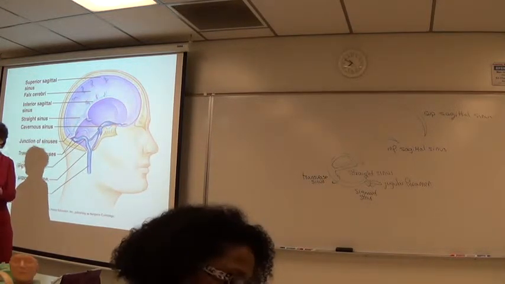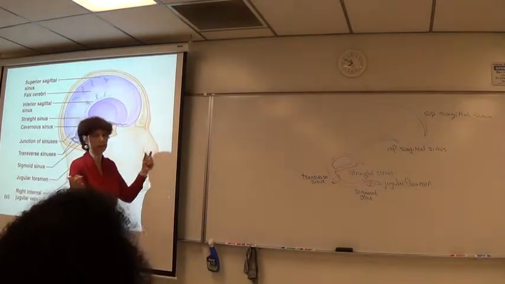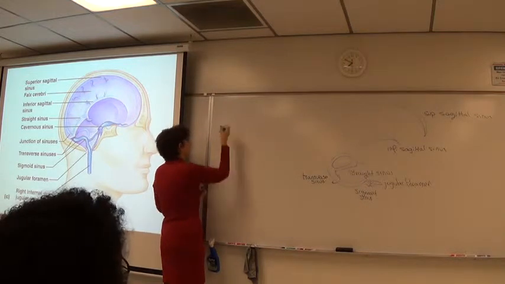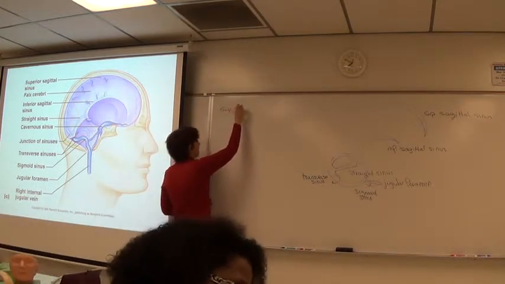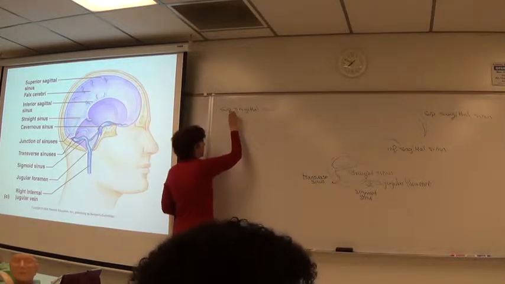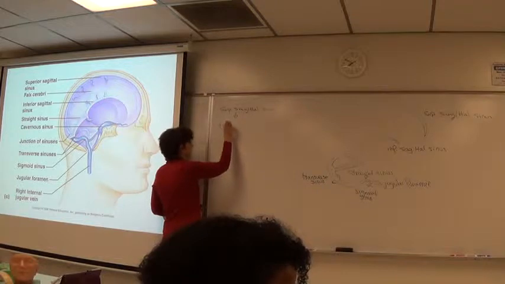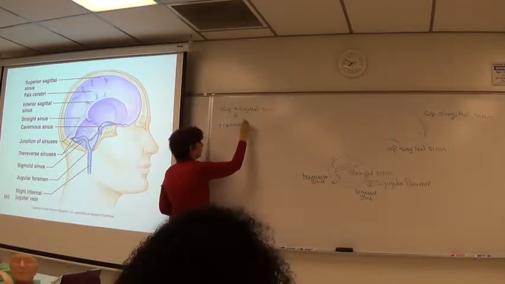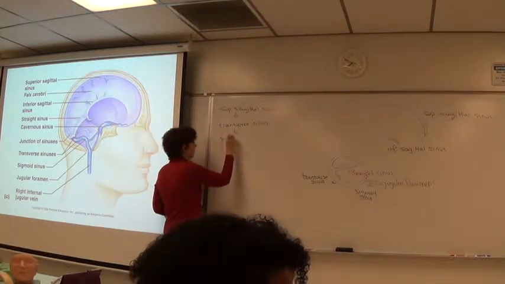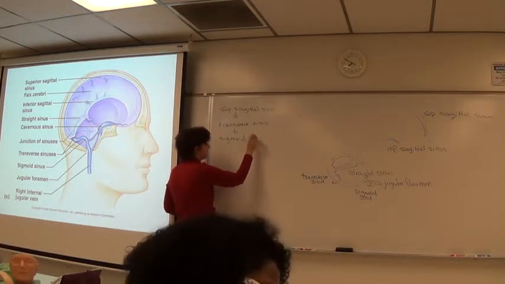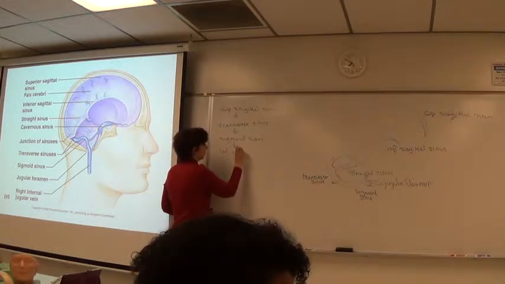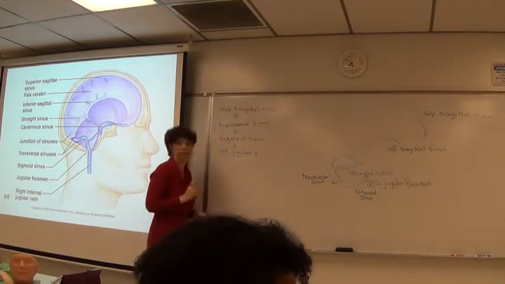So if we were to sequence the blood flow, we start at the superior sagittal sinus. I'm just writing in words what you can see on the board as an image. Superior sagittal sinus, the transverse sinus, the sigmoid sinus, so internal jugular vein.